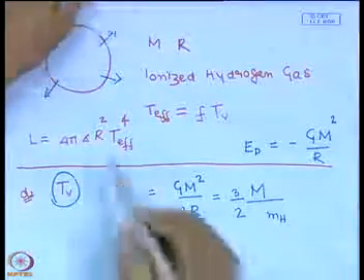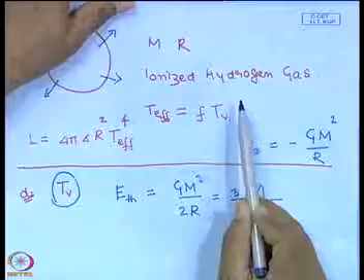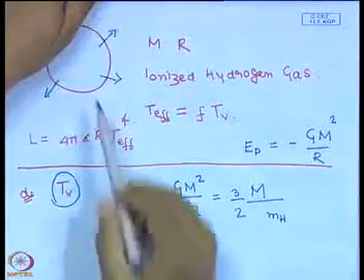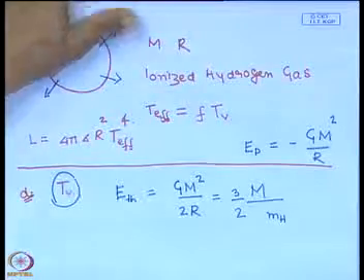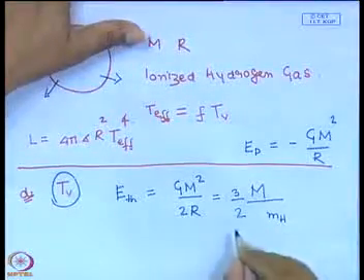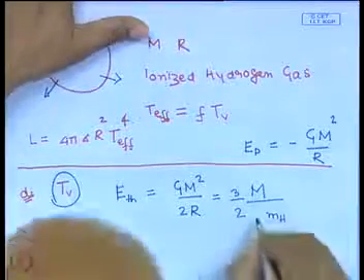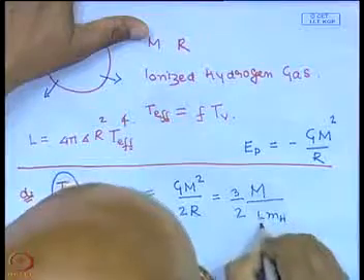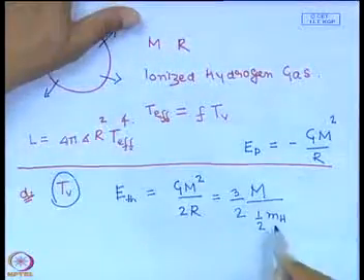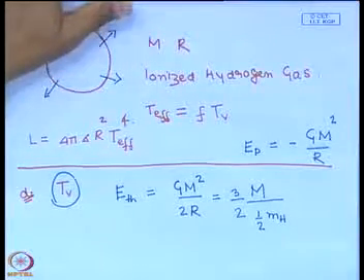Every hydrogen atom contributes 2 particles, not 1, because it is ionized, so the mean atomic mass is half. So, the number of particles is the mass of this object divided by half the mass of the hydrogen atom.